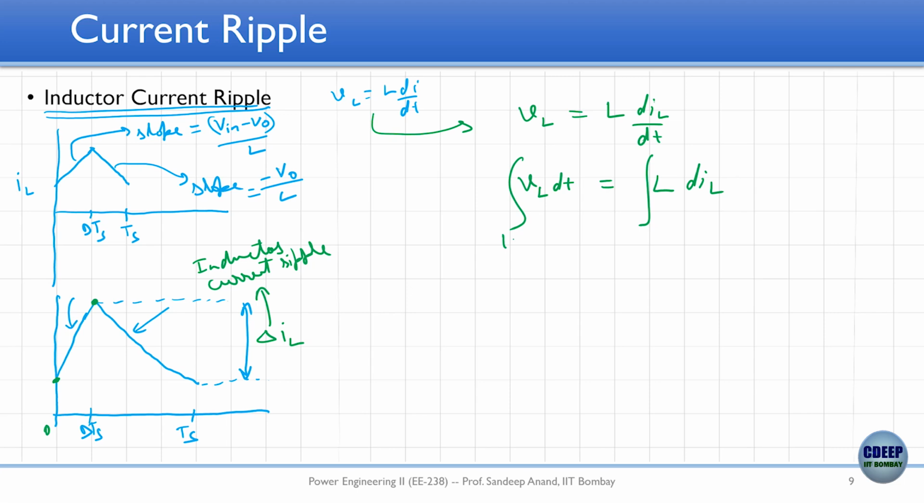So, I would take time going from 0 up to dTs, where the inductor current is starting from IL min and going to IL max. Is that okay? I am not integrating now from 0 to Ts. If I integrate over 0 to Ts, I will get back the same volt second balance of the average condition. Now, I am more interested in the ripple.